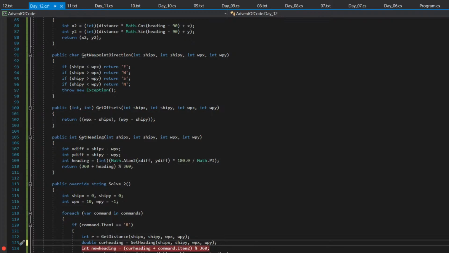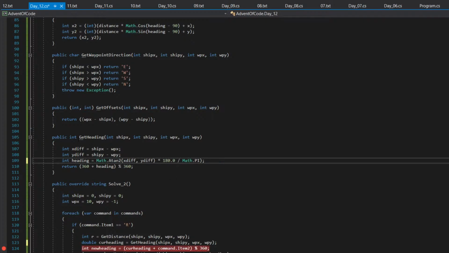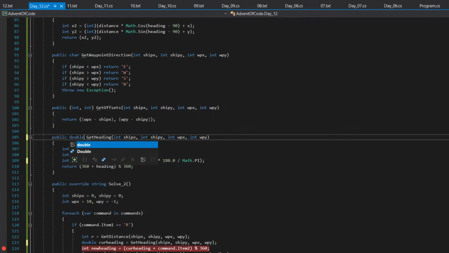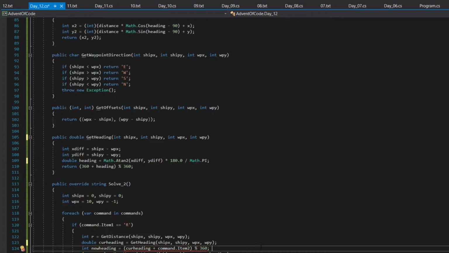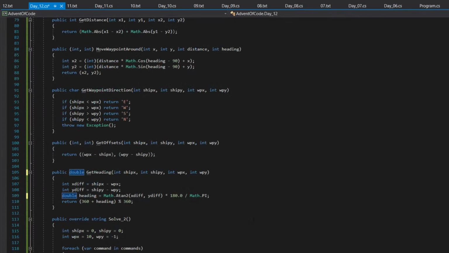Let's change get heading to return a double. And move waypoint around, let's use a double here.